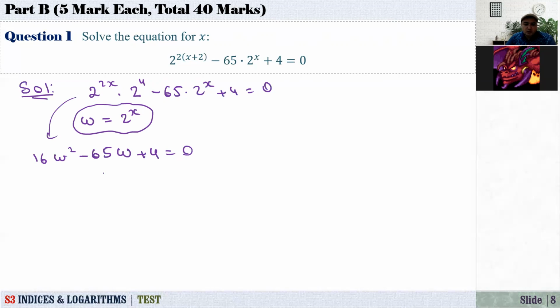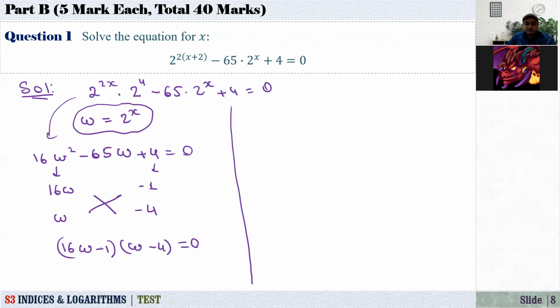So now it's just a quadratic equation. Can we solve this by factorization? I guess yes. Here we have 16w and w, and 1 and 4. Since it is minus, I put minus. Cross multiplying, 16 times negative 4 plus w times negative 1 is equal to negative 65. So we can factorize it as 16w minus 1 times w minus 4 is equal to 0.